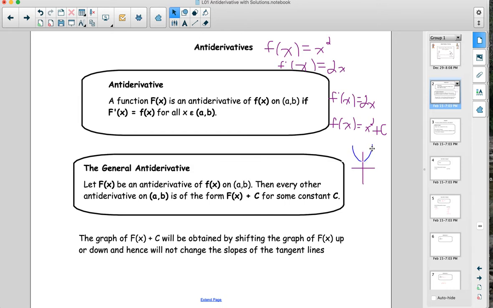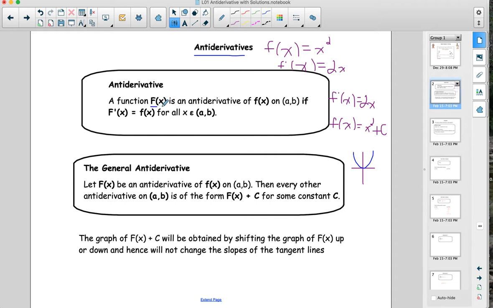They will be the same. If I slide it left-right, of course, then the slope of the tangent values will start occurring at a different x value. But vertical shifts up and down will not change the values of the slopes of the tangent at any x point. And also, if you take the derivative of a constant, you'll get back to here. So this is what we're going to focus on this lesson, this notion of antiderivative.